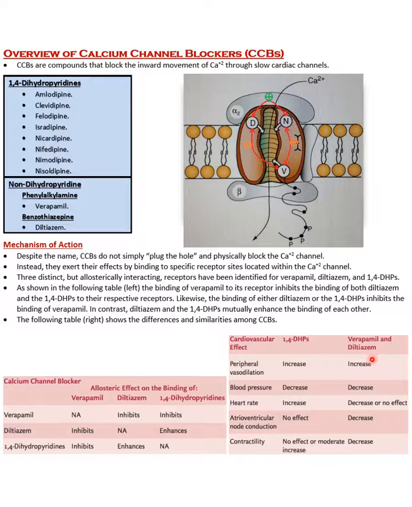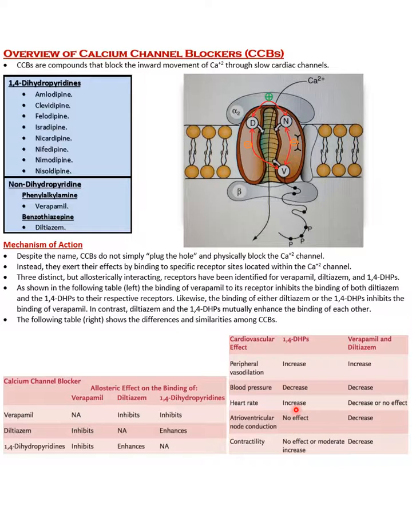Okay. Now the main difference is the fact that the 1,4-dihydropyridines increase the heart rate, and they also might increase contractility. They don't have an effect on the AV conduction nodes.